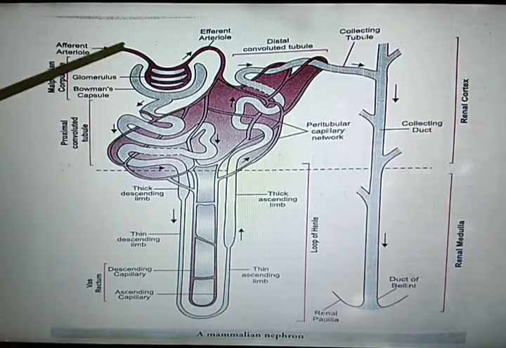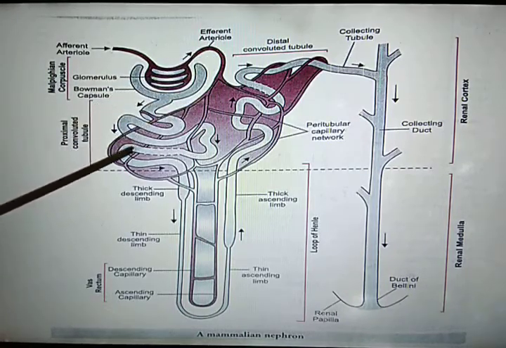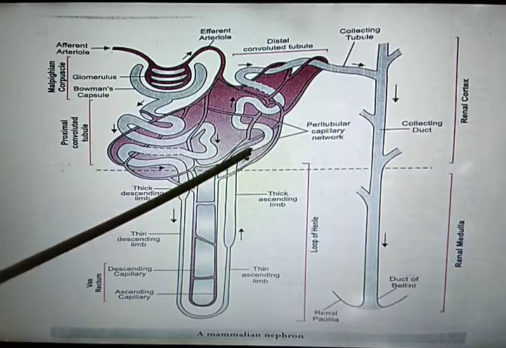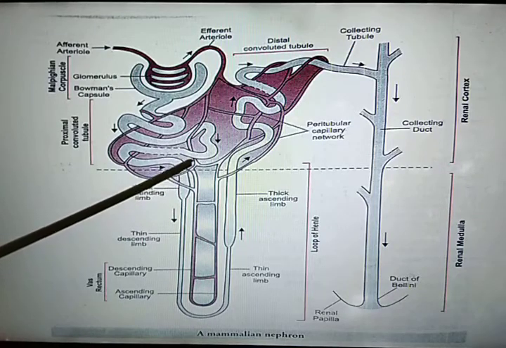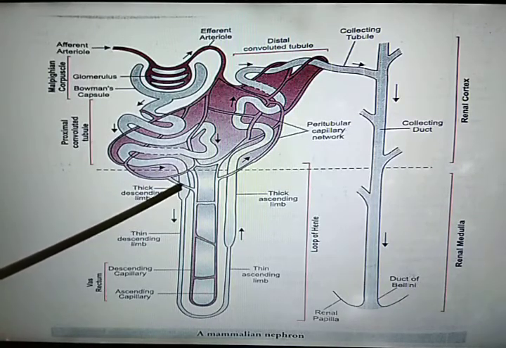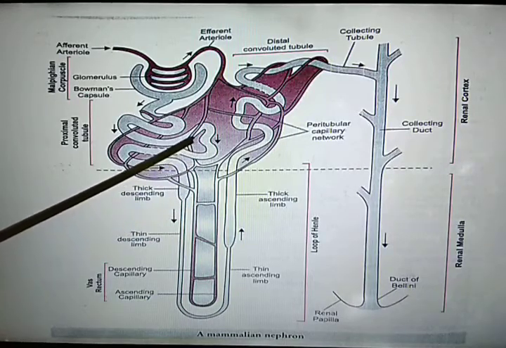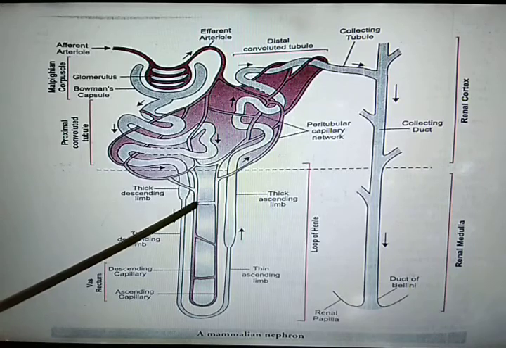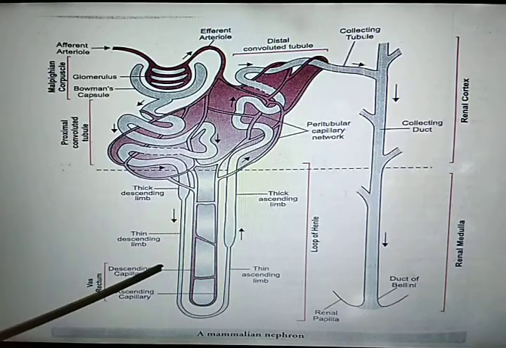So let's revise once again. The efferent arteriole forms a capillary network around the renal tubule known as peritubular capillaries, and a minute vessel of this forms a U-shaped structure along the loop of Henle.